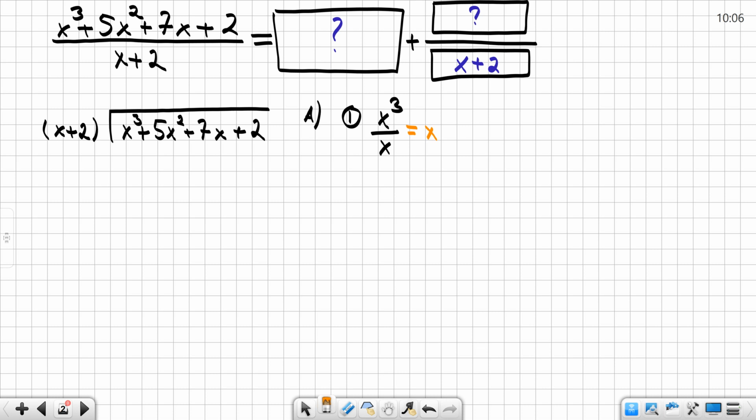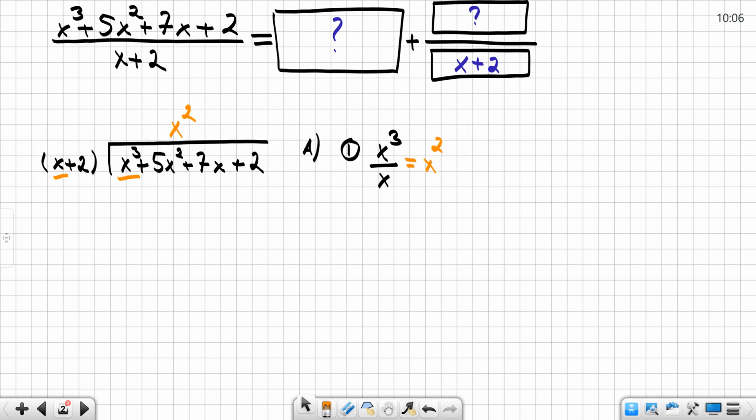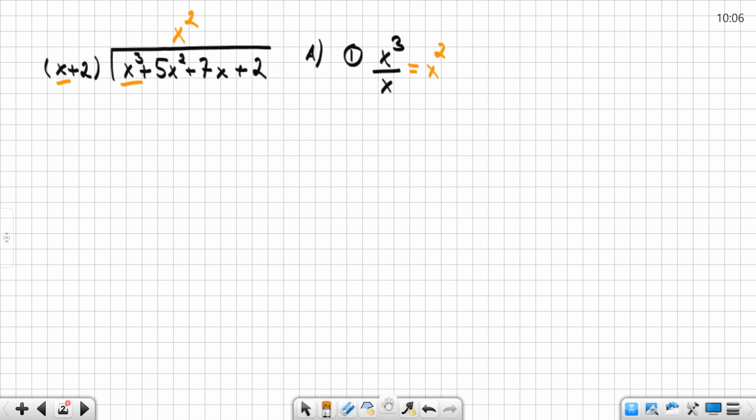That is going to be something that we have done in the last section. That's just x squared. So in other words, how often does x go into x cubed? 1x squared times. I probably should better move this all just a slight little bit down. It's called long division for a reason.